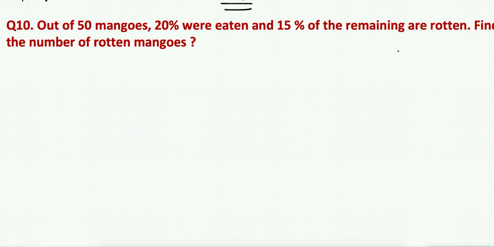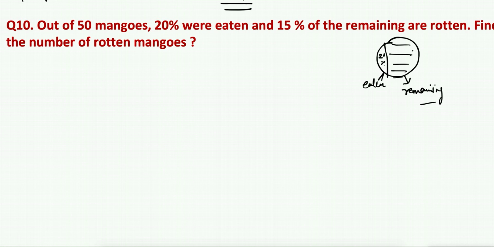Suppose we have this much quantity of mangoes, and out of this much quantity the 20%, this is the 20% here which was eaten, and this is the portion of remaining, and out of the remaining 15% are rotten. So we have to find the rotten one. So first, to find the rotten percentage, we have to find first how many are rotten here.